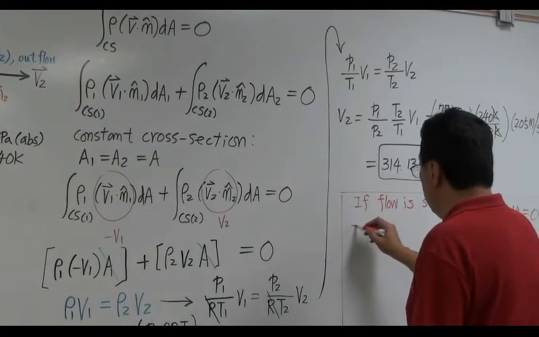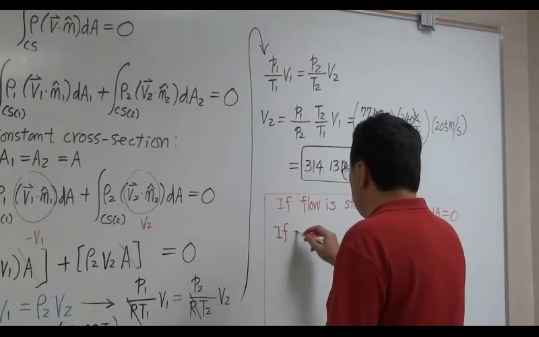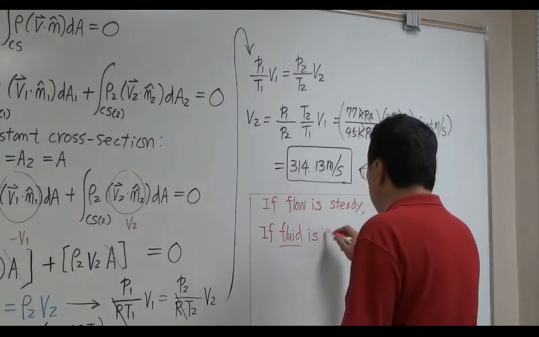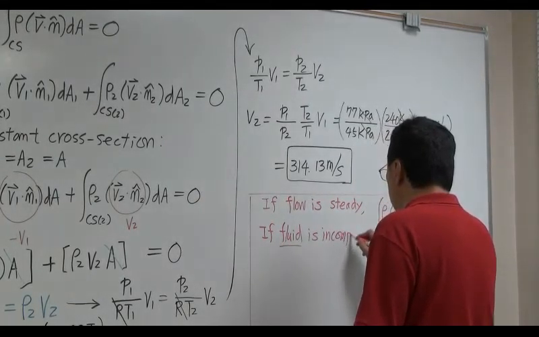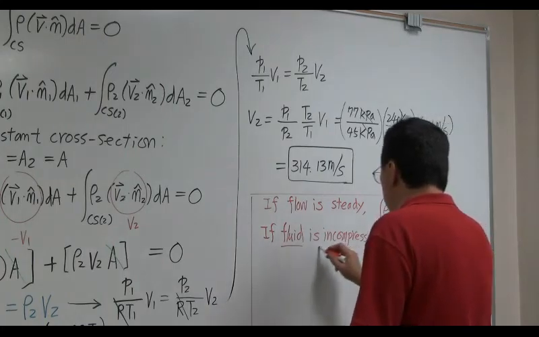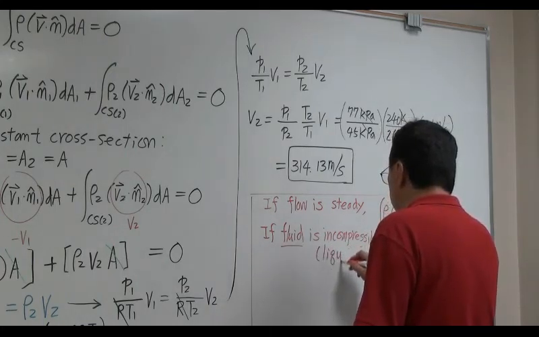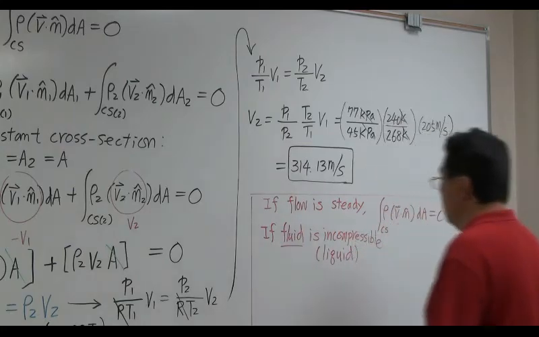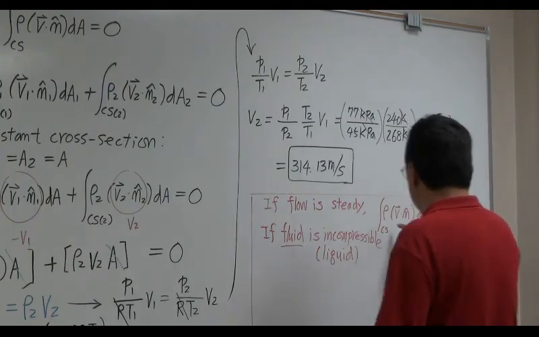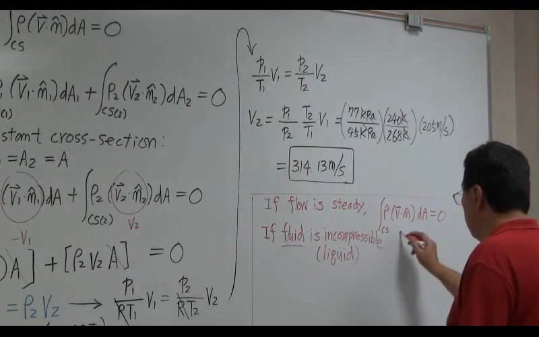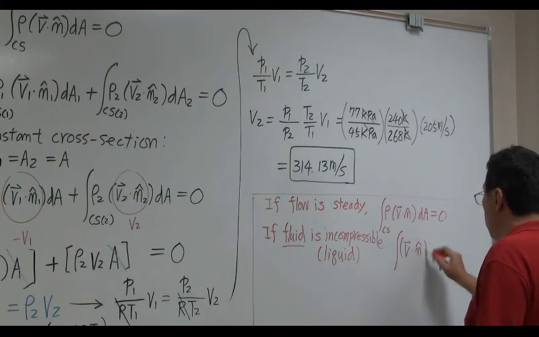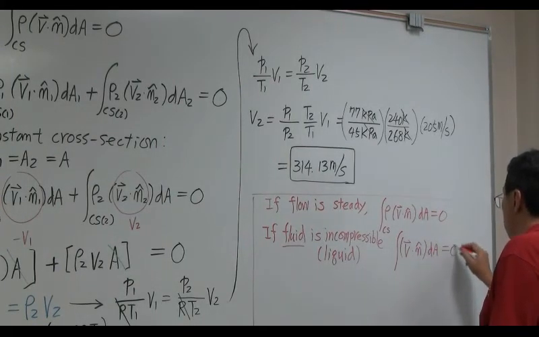Then also, if fluid is incompressible, which is liquid, most likely liquid can be considered as an incompressible fluid whose density doesn't change, then you can cancel out rho. The equation now becomes integral of V dot N dA is equal to 0.